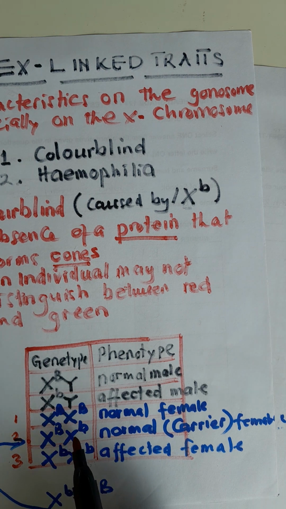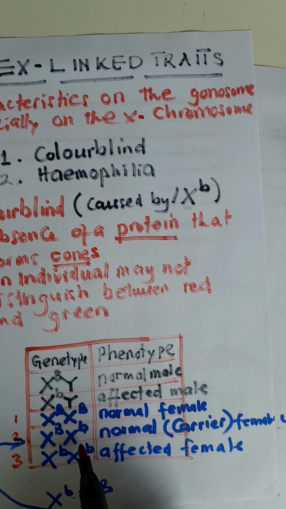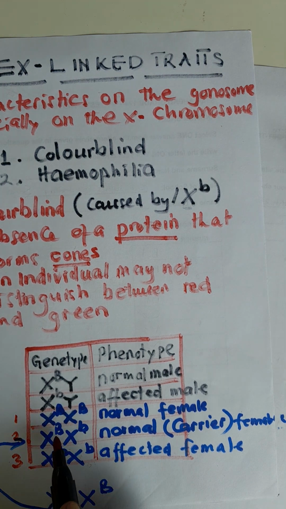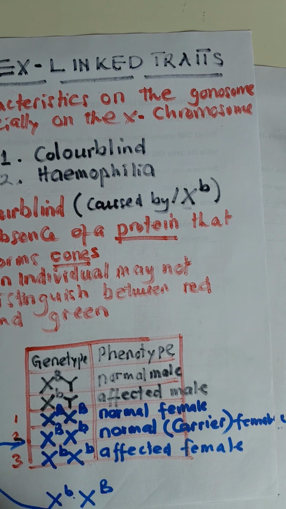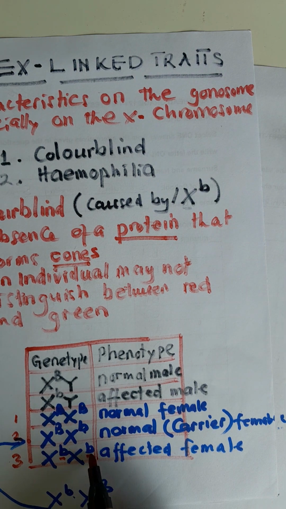Because much as she is a carrier of the recessive allele, she will not be affected, because the dominant allele always masks the recessive allele. So it implies that a female needs 2 recessive alleles to be affected. That's why females are not mostly affected by this sex linked condition.